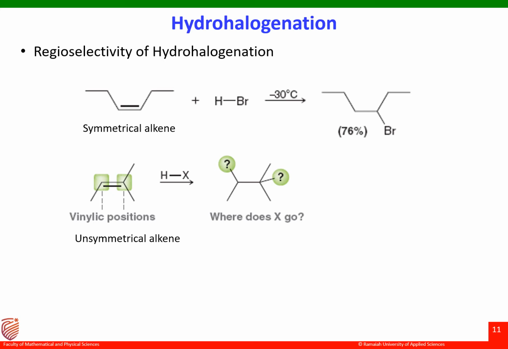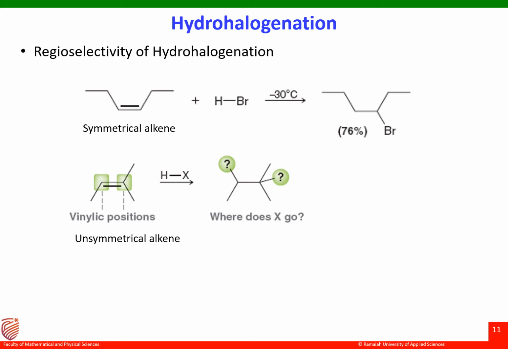Now let us see how the addition will happen across a symmetrical alkene. The first example represents a symmetrical alkene. When a symmetrical alkene is there, you add the electrophile to either of the carbons, generating a carbocation.